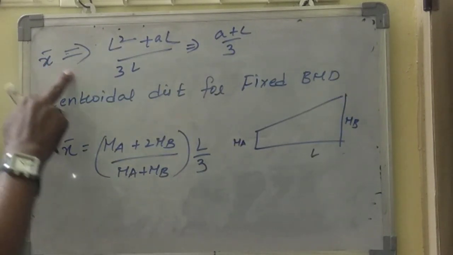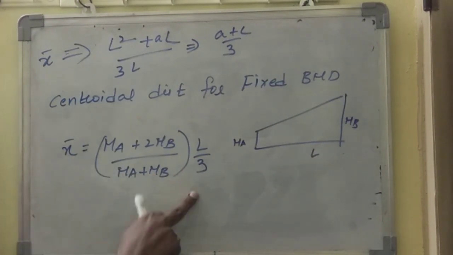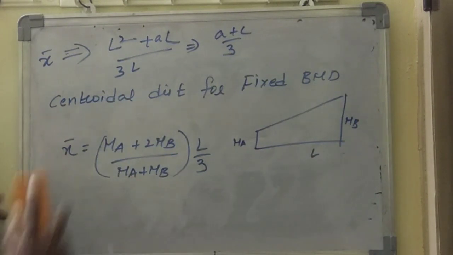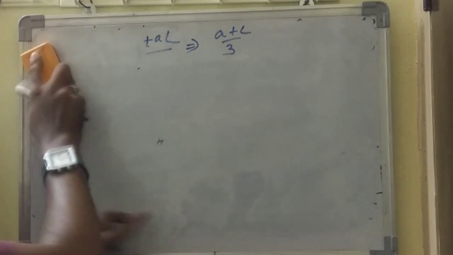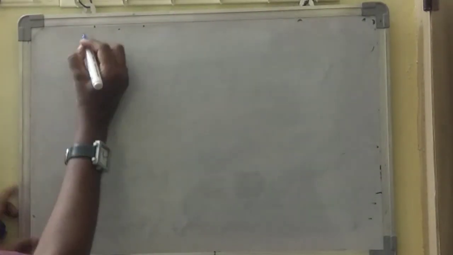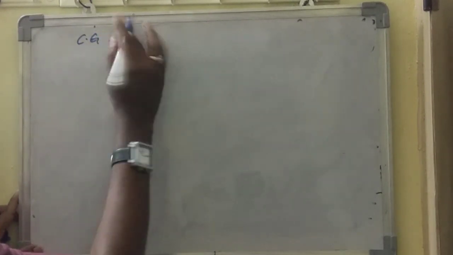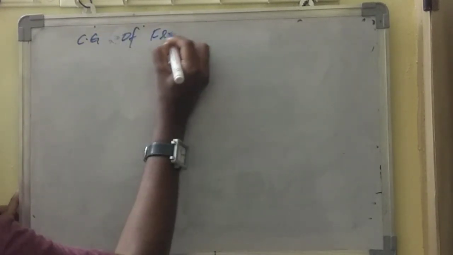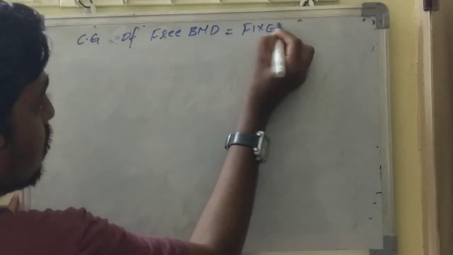So your x bar for the free bending moment diagram will be equal to this one, and the fixed bending moment diagram will be equal to this one. We are equating these two values, then you will get one more equation here. So I am equating the CG of free BMD equal to fixed BMD.